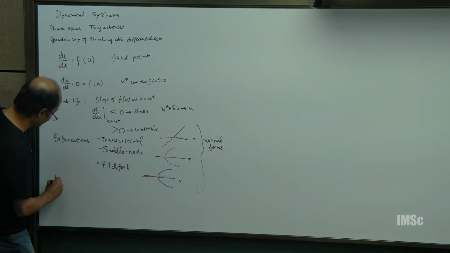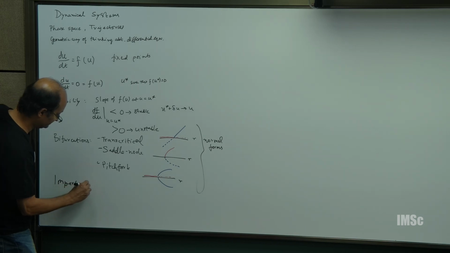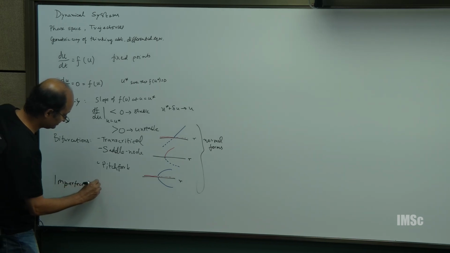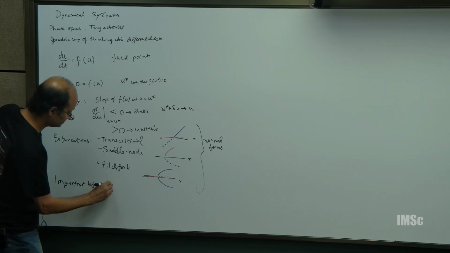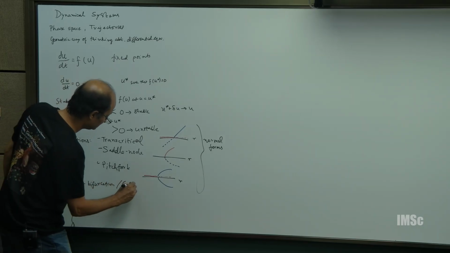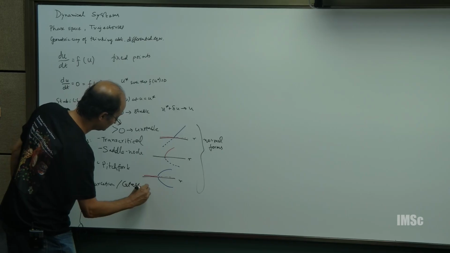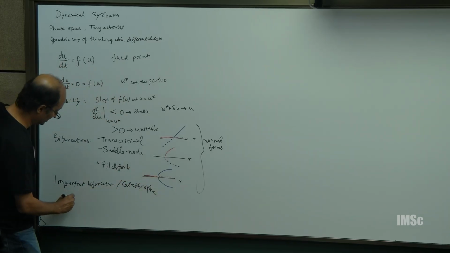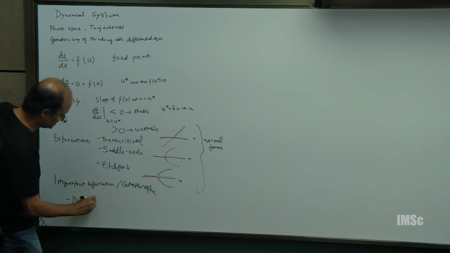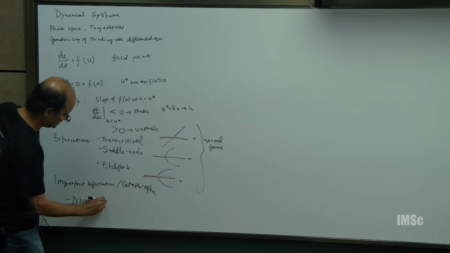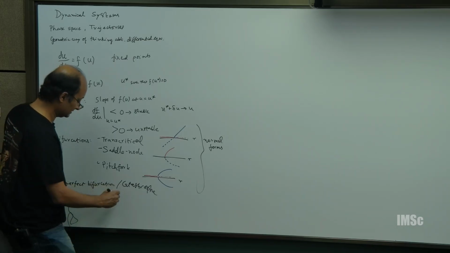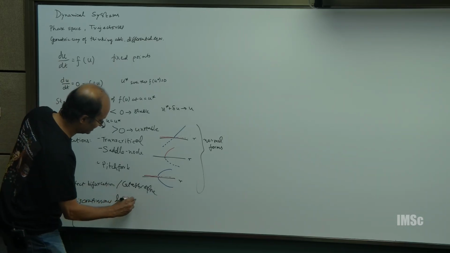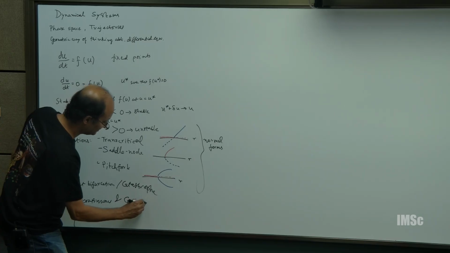And then we had an example of imperfect bifurcation or catastrophe. In particular we saw how this can give rise to discontinuous transitions at some portion and continuous transition in another portion.